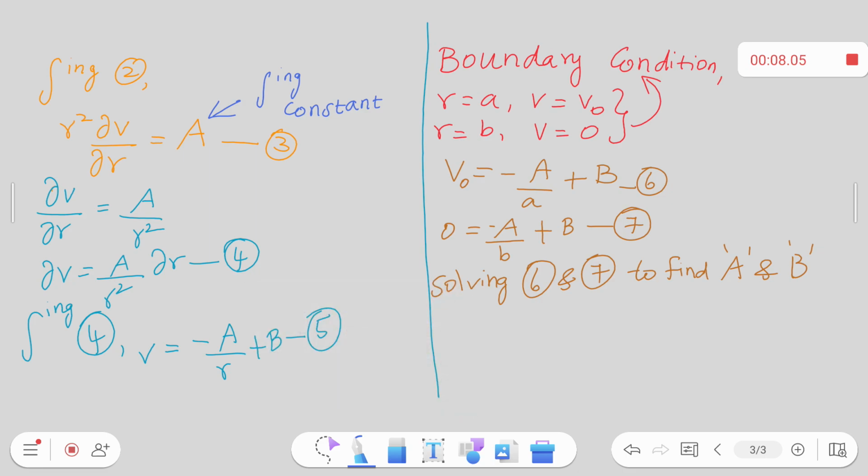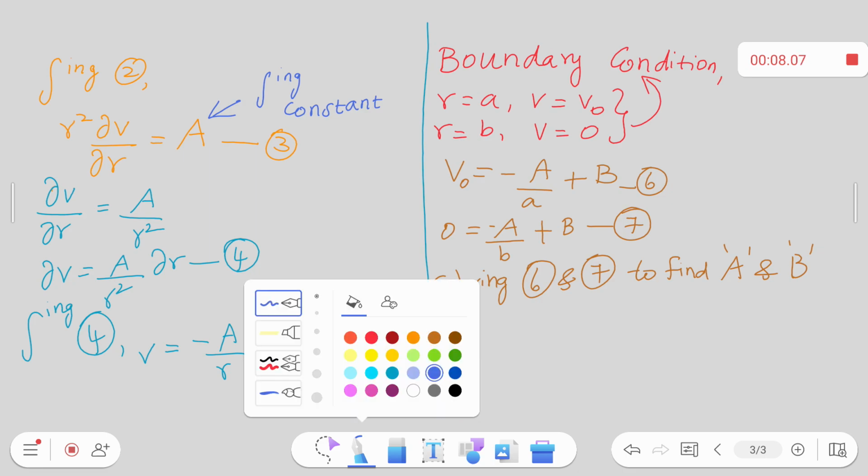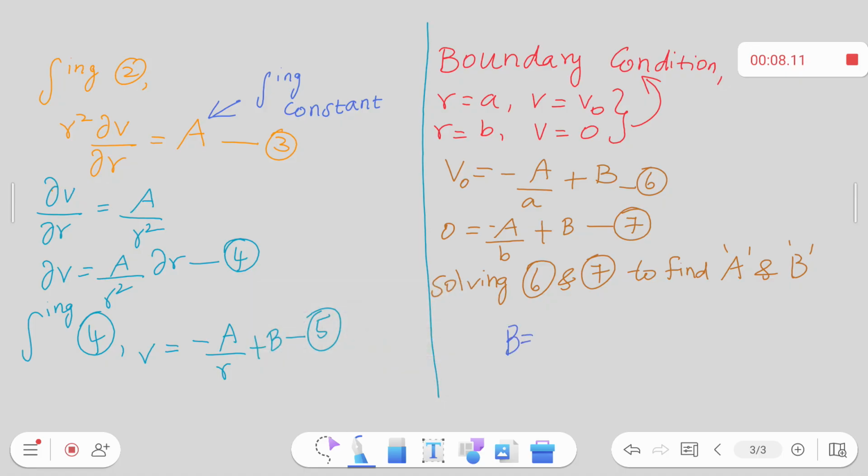So if I solve, my B will be V0 into a by a minus b, and my A will be V0 ab by a minus b.